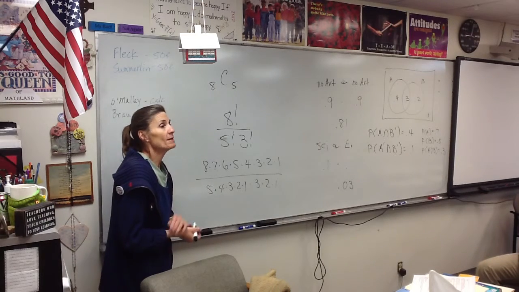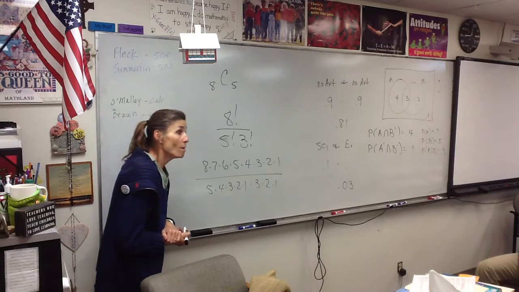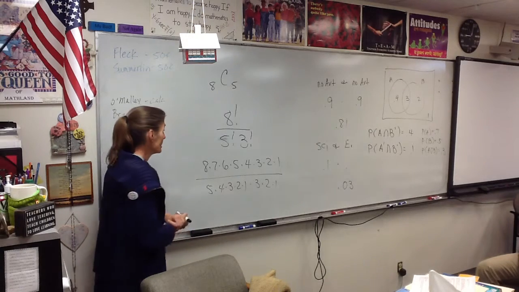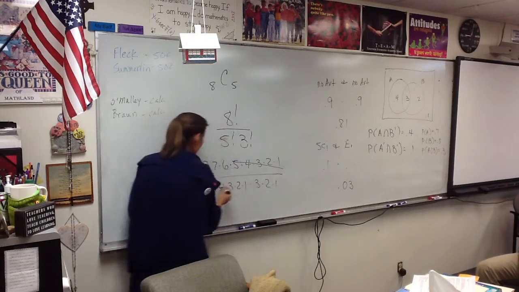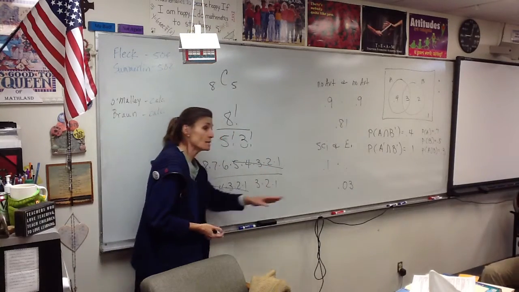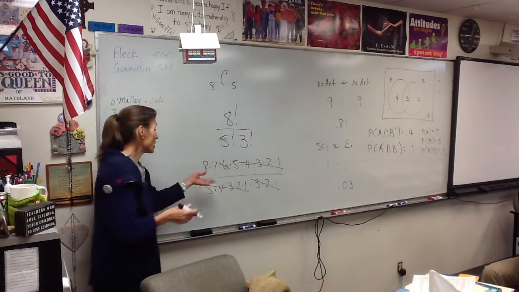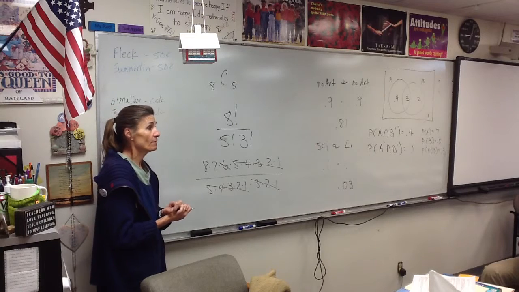What is going to happen every single time you do one of these problems? A whole bunch of stuff is going to cancel. Everything from the 5 on cancels here. And what is 3 times 2 times 1? So that will cancel with the 6. Lo and behold, what's your answer? 56.